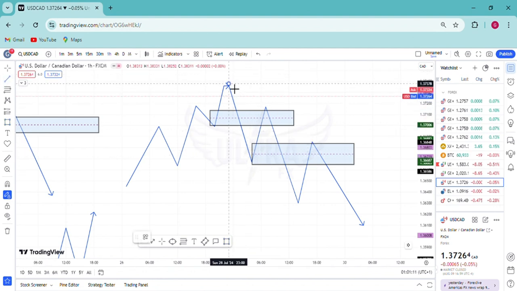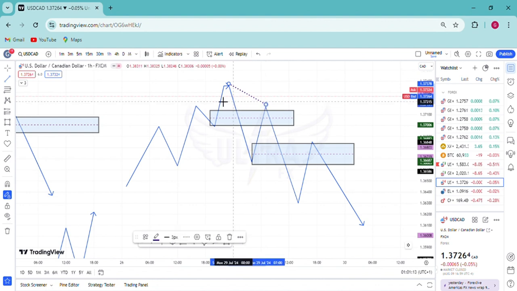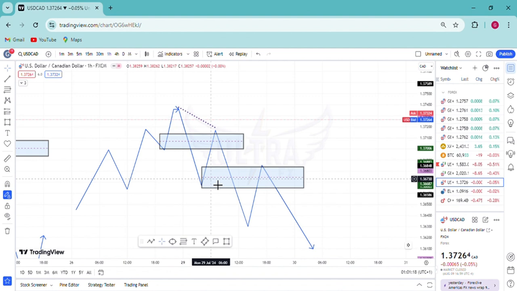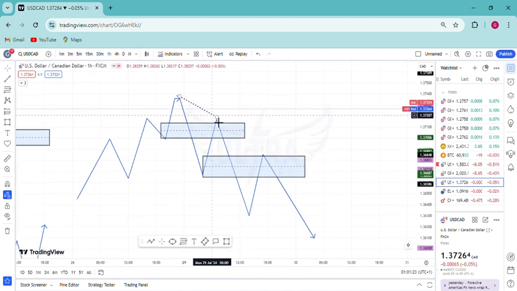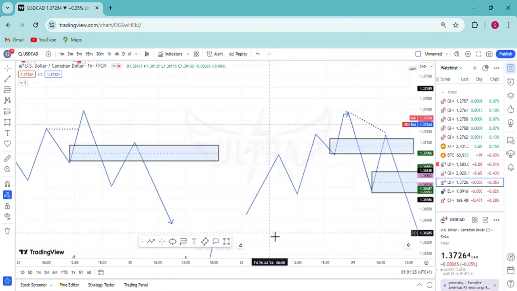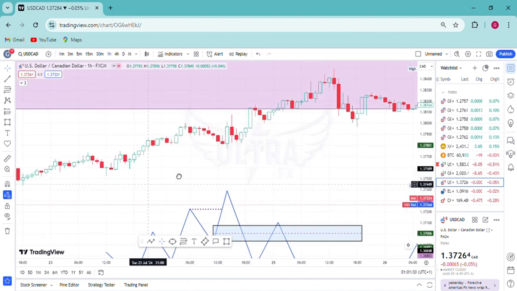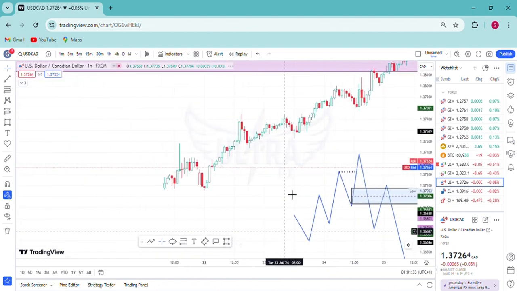A mitigation block. Why is it a mitigation block? Because prior to this block that we can normally call our breaker block, there is a lower high. So that is that.